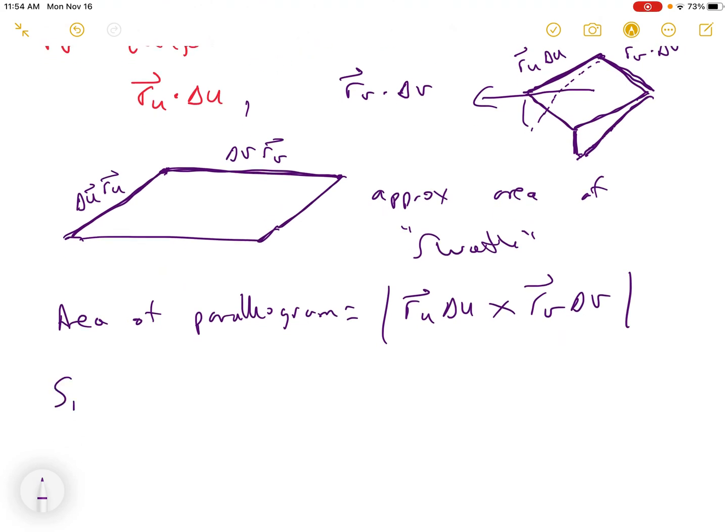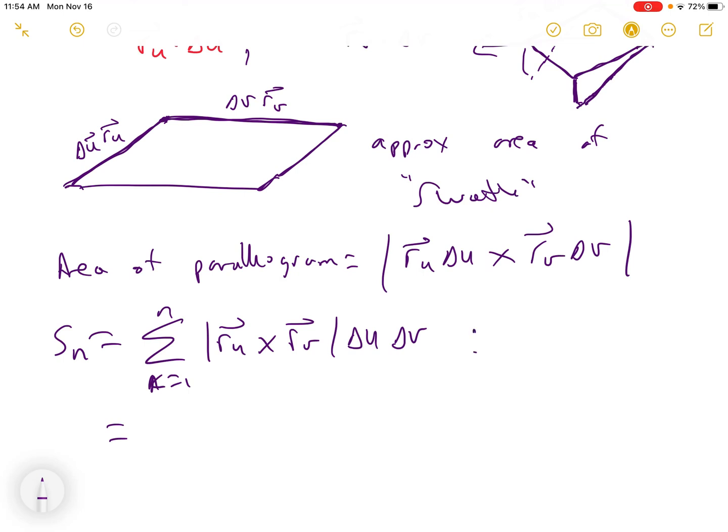Of course, what do we do? We set up the nth partial sum. k goes from 1 to n, of the magnitude of r sub u cross r sub v, delta u delta v. And this is actually a double sum, but I'm not going to write it like that.